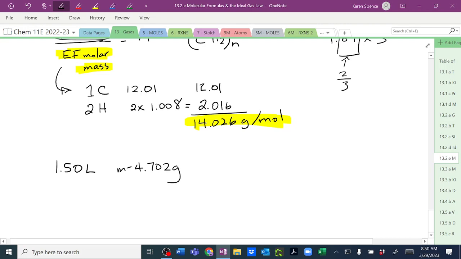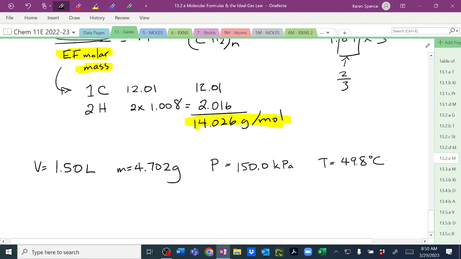That's the mass, that's the volume. We have the pressure is equal to 150.0 kilopascals, and we have the temperature is equal to 49.8 degrees Celsius.